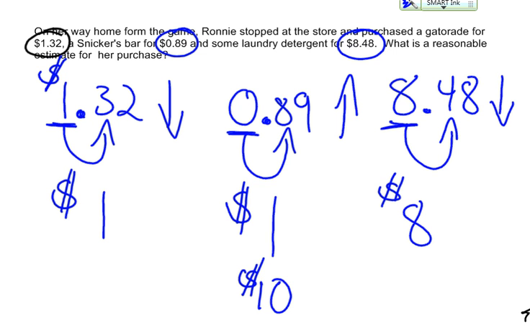Some might argue, well, this 48 is really closer to 50 cents. So $8.50, maybe that would be a better estimate. Round this part up and make this $8.50, because that can be easily added to our 1 here and our 1 here for $10.50. And you might say that is a better estimate.